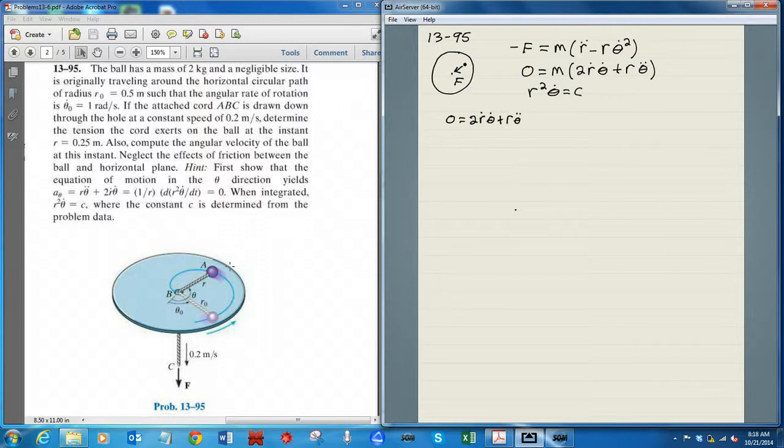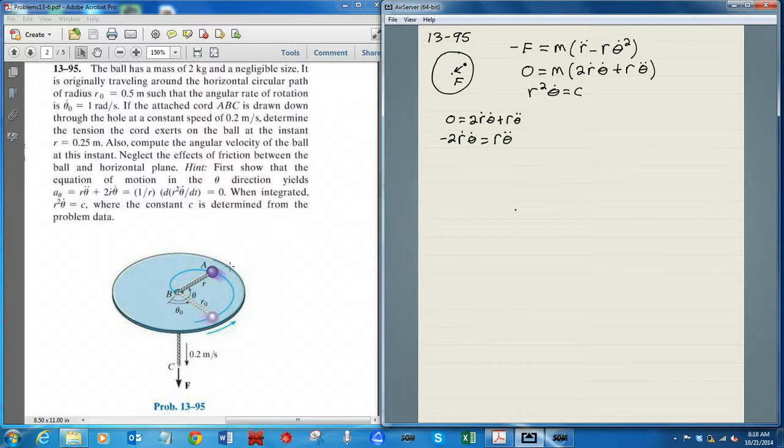And then what I'm going to do is separate the variables. I'm going to put all the R things on one side and all the theta on the other. So I'm going to have a minus 2 r dot theta dot equals r theta double dot.